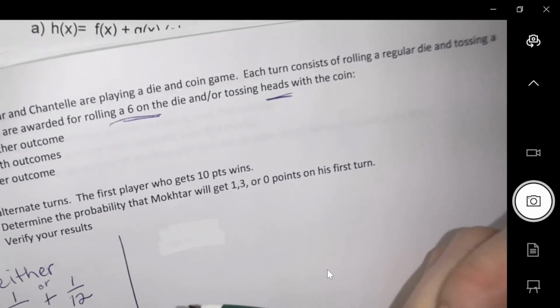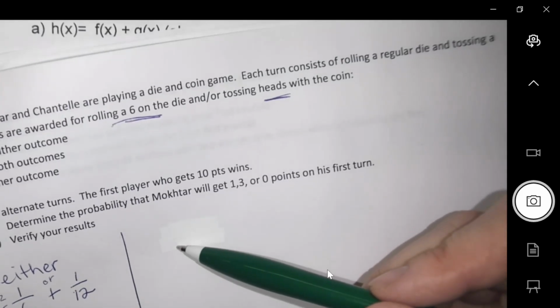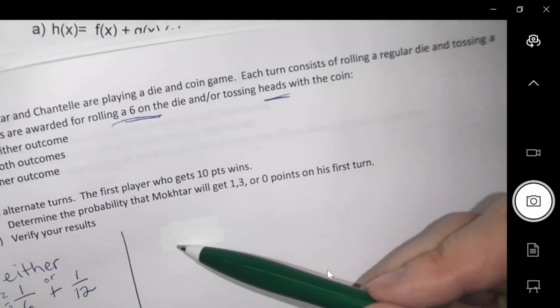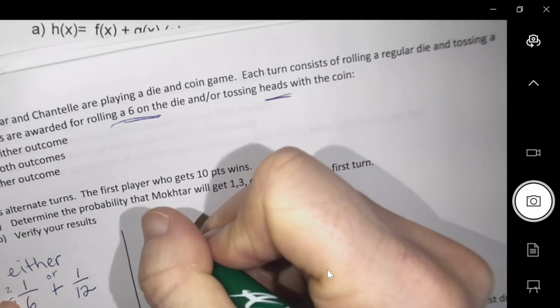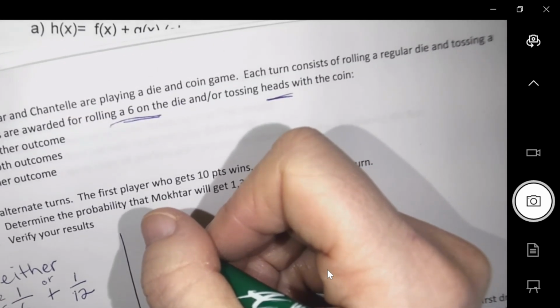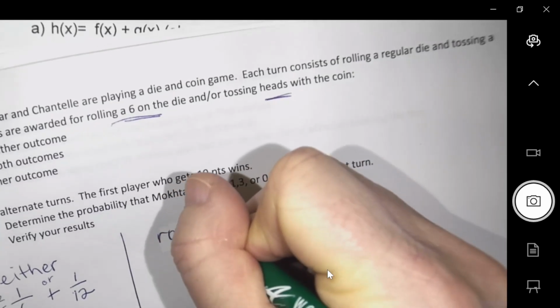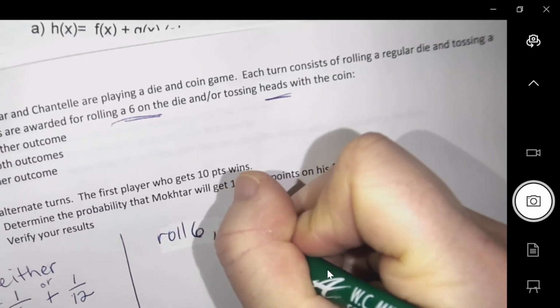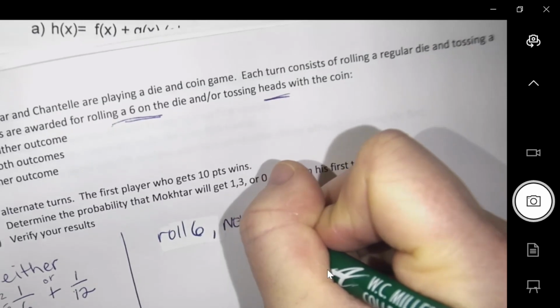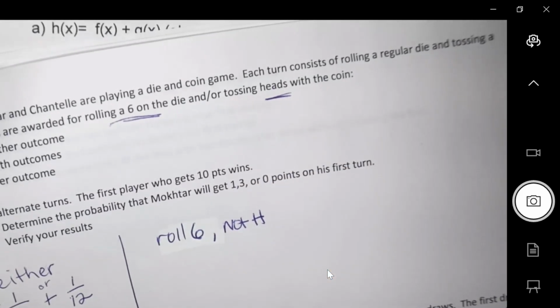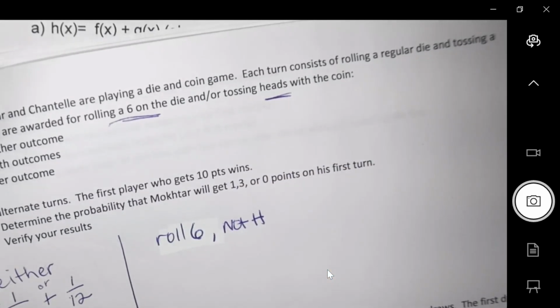Okay. Here's what could happen to you. If you want to get either, what are the 2 ways you could do this? You could roll a 6, but then you would not get a heads. Right? That would be the one situation.